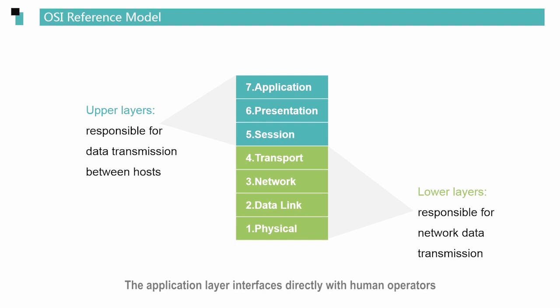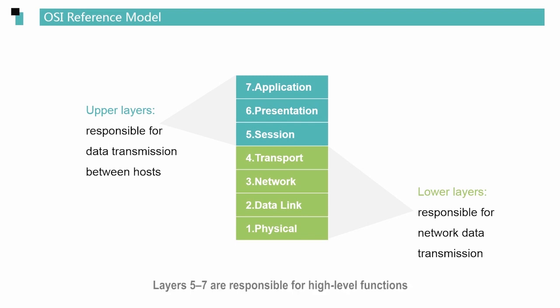The application layer interfaces directly with human operators. Each layer in between, from low to high, is an increasing layer of abstraction, interfacing with the layers above and below it. Once you're familiar with the OSI model, you will be better able to understand the layer of abstraction at which each device operates. For example, routers typically operate at Layer 3, switches at Layer 2, and cables at Layer 1.